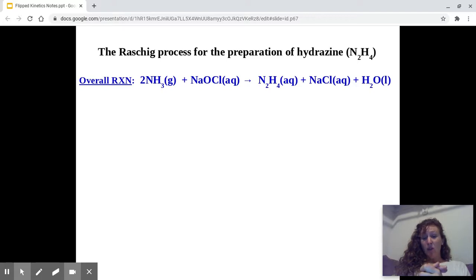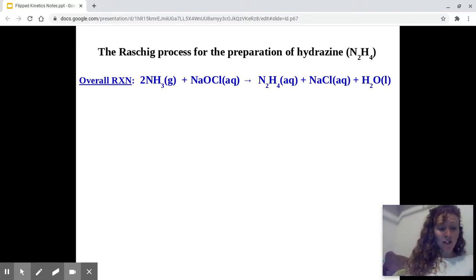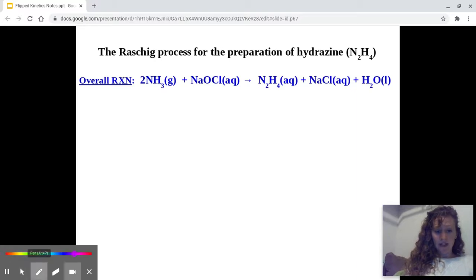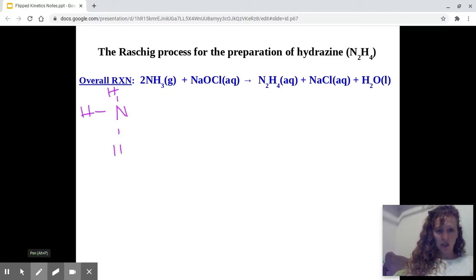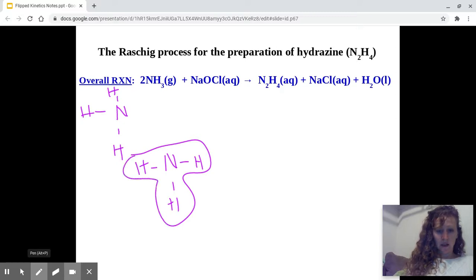Now, does that actually happen? So what I just said was that the NH3 molecules, NH3, and there's two of those, they're going to collide with each other and with this NaOCl molecule.